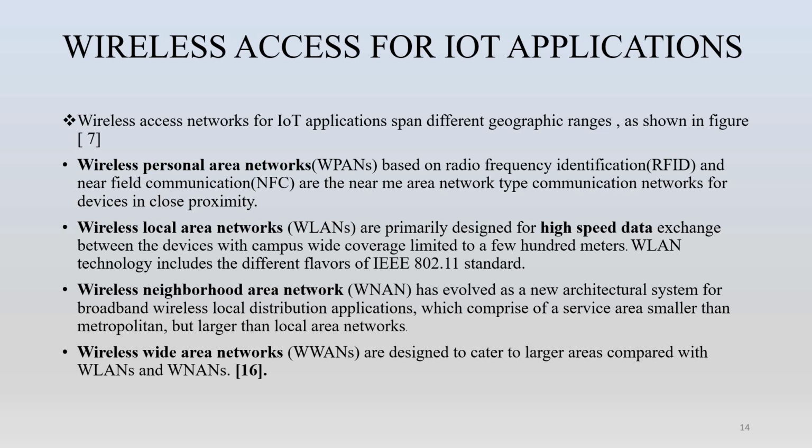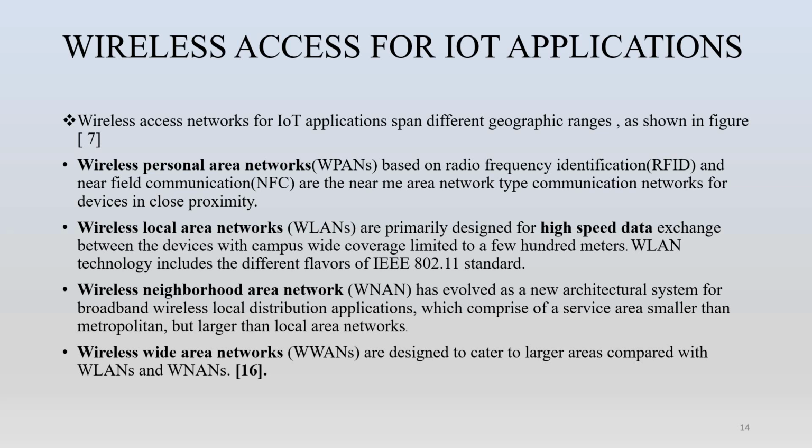So coming to the next one, the wireless local area networks, or WLANs. It is designed for high-speed data exchange. WLANs are intended for high-speed data exchange between devices over a campus-wide area, typically limited to a few hundred meters. Various flavors of the IEEE 802.11 standard, such as Wi-Fi, fall under this category.